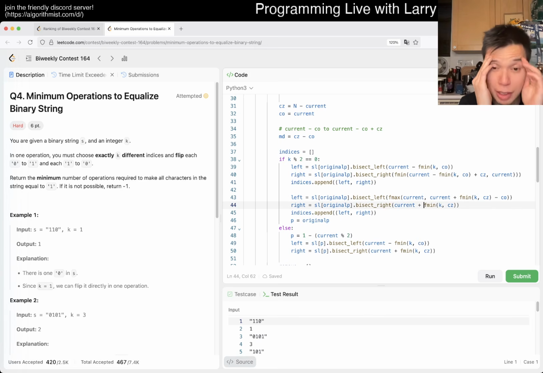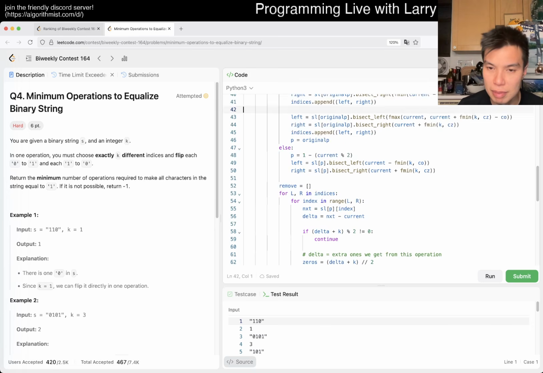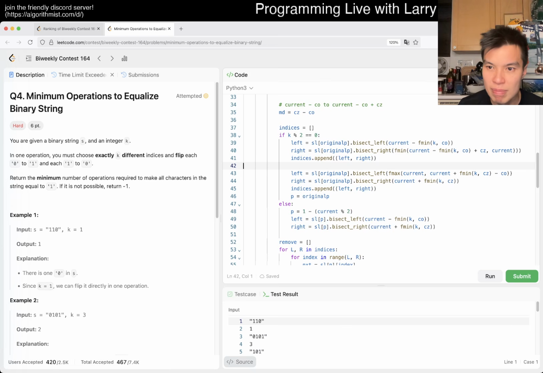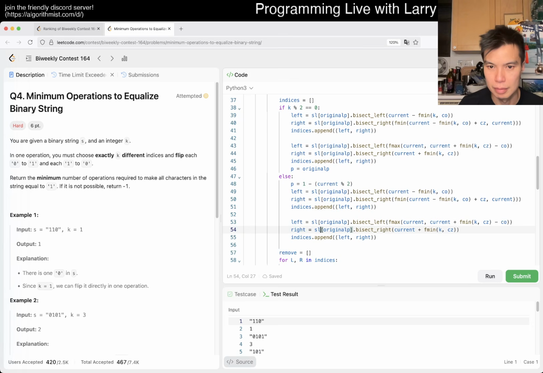But I worry that we are off by 1 on the indexing after removing the first time. Implementation's a little bit tricky. I think this feels a little bit better. Let's run it real quick.